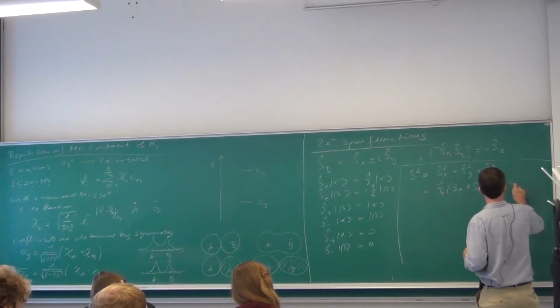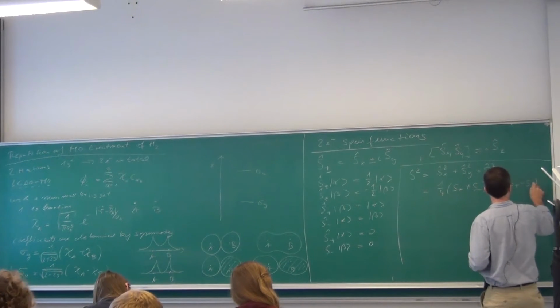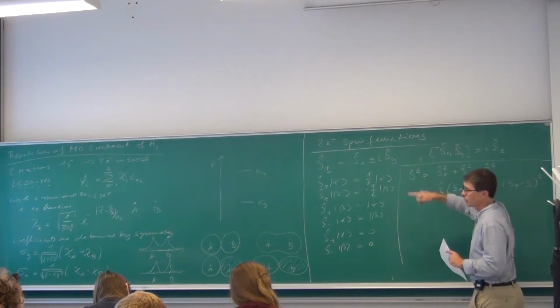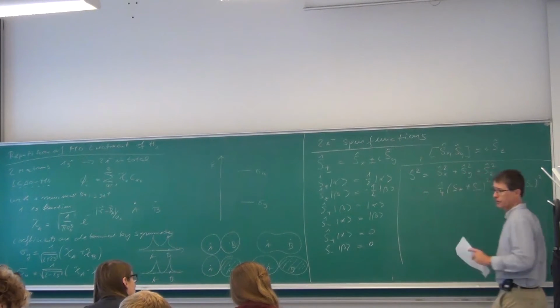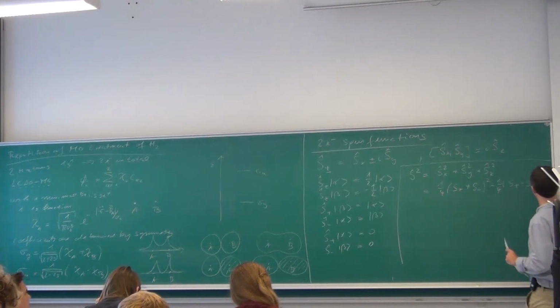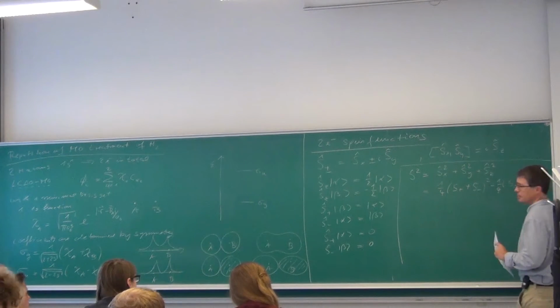So we have (S plus minus S minus) squared, and the i squared gives a minus sign. So it's minus 1/4. And then Sz squared.